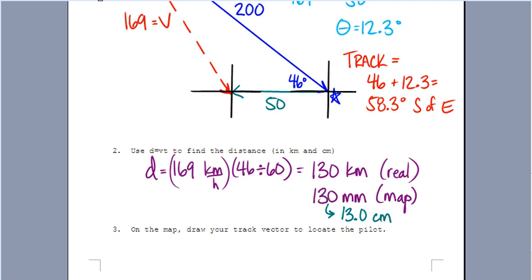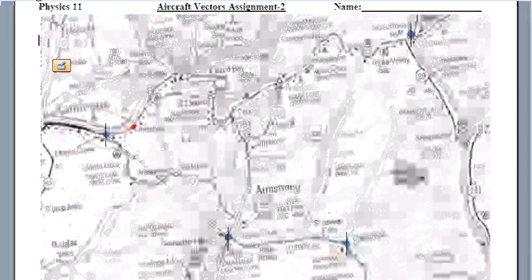And now the fun part is we actually get to locate this person. So if we go to the map, there it is. We want to draw a compass rose on top of Pritchard, like that. And we know that we're flying south and east, which is just generally down that way. What was it, 58.3 degrees south of east. So you need to grab your protractor.